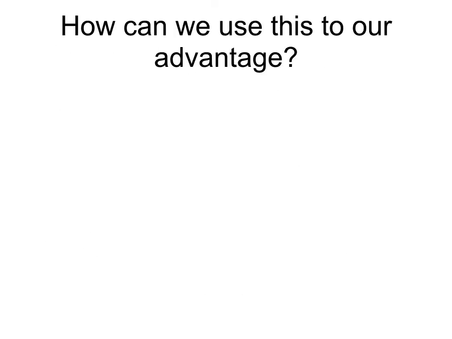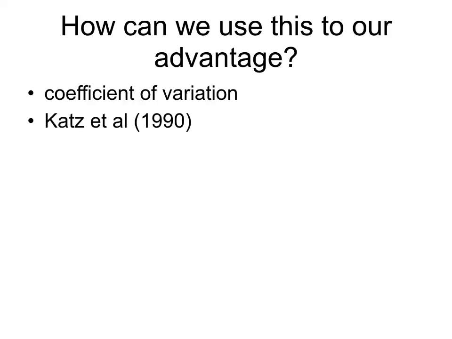How can we use this to our advantage? Well, there's a quantity called the coefficient of variation, which is interesting because here's actually a piece of data. This is looking at people studying for a test or not studying for a test, and I believe the questions are physics questions, if I'm not mistaken.